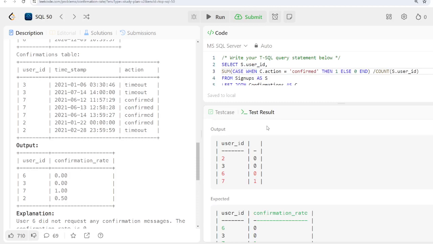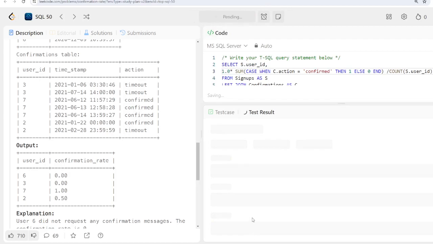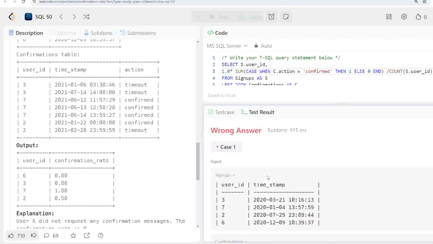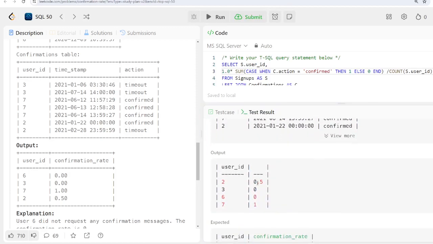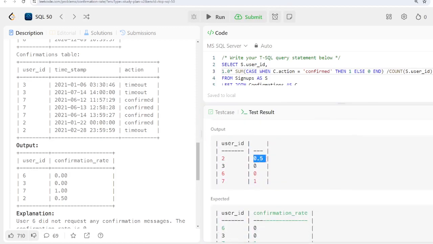So 0.5 will be 0. So that's why I'm getting 0 here. So how can I tackle this problem? I can say 1.0 times this, and now it will be good. Okay, so now as you can see, it is coming as 0.5.